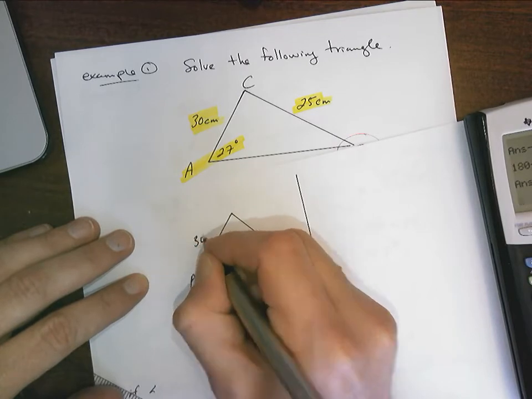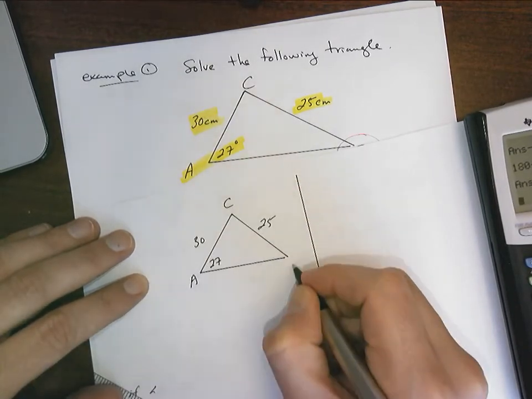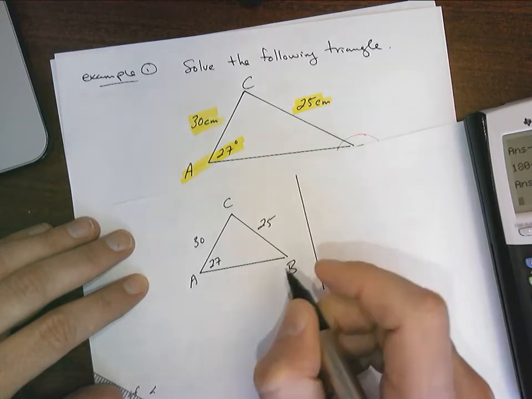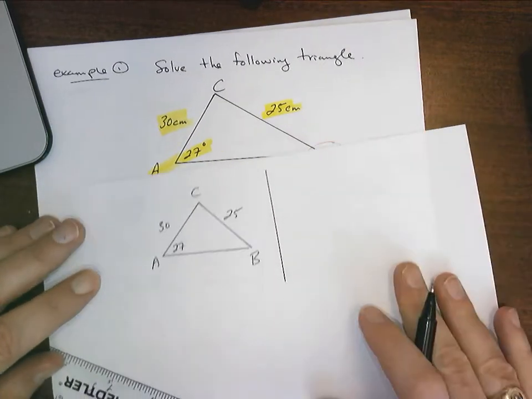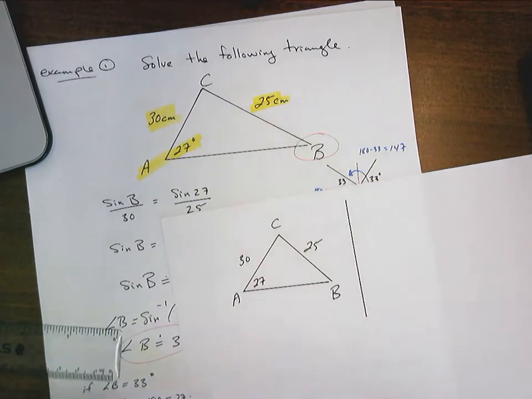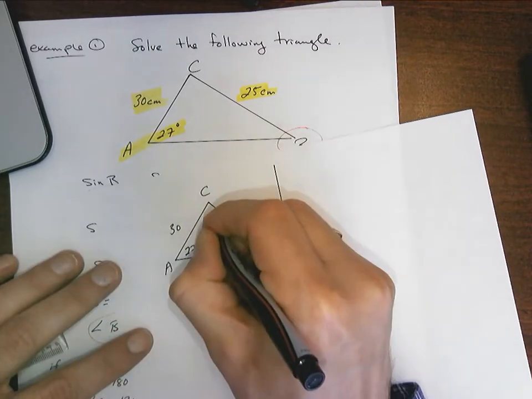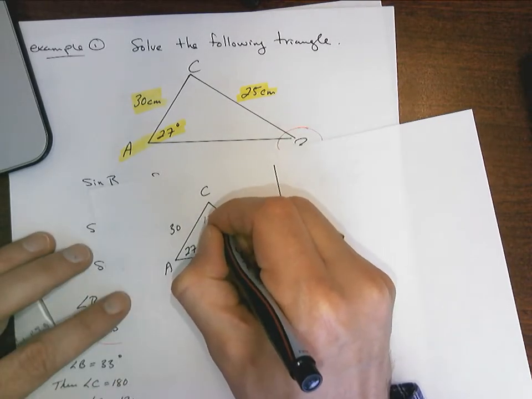You're going to get your 30 here. You're going to get your 25 here. We'll still call this C. We'll still call this B. This would be 27. This would be 33. And this would be 120 degrees.